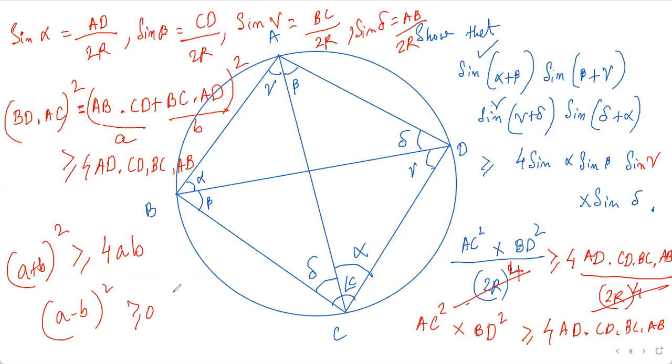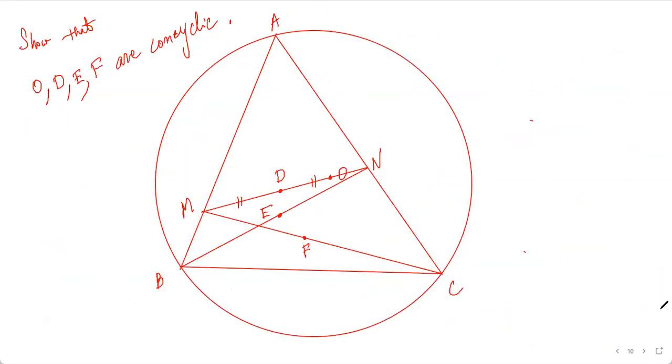Now going to the next one. For the next one, the idea is that I have to prove that all those points are concyclic. So what I'm going to do is take a circle passing through D, E, F. Basically, I'm taking these 3 points D, E, F, and drawing the circumcircle of that triangle DEF.